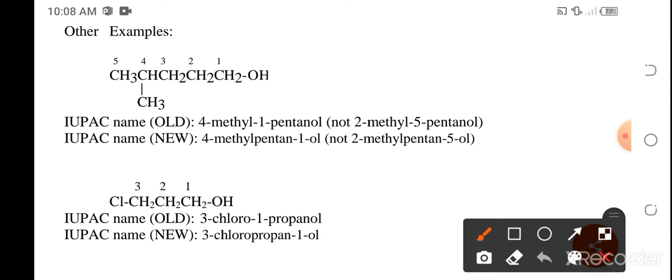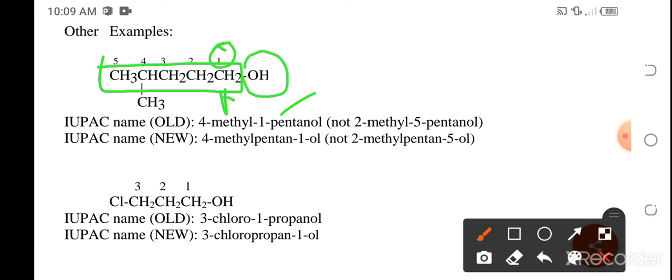So we have a parent chain of 5 carbon atoms. That's why it is pentanol. It is numbered from right to left, such that this would be carbon number 1, so that the hydroxyl group will be attached to carbon number 1 and not 5.